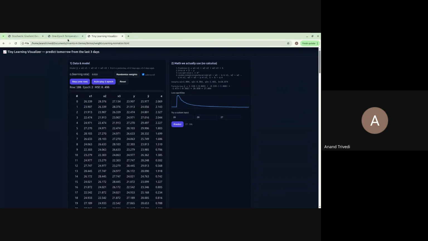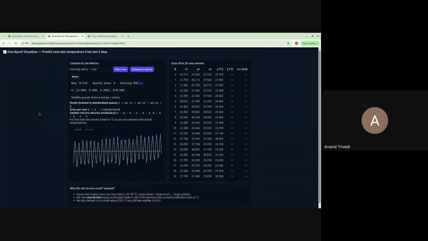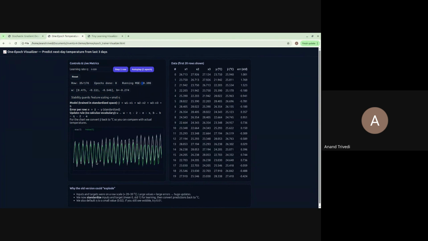And when I try to predict on my learning data set only, this is the difference between my actual temperature, and the green line is my predicted one. So this is the difference. Now if you see the difference here, it might be 27 and my predicted might be 27.5 or 27.7.